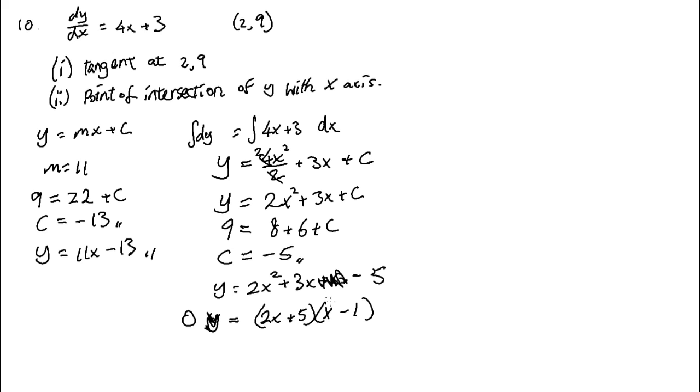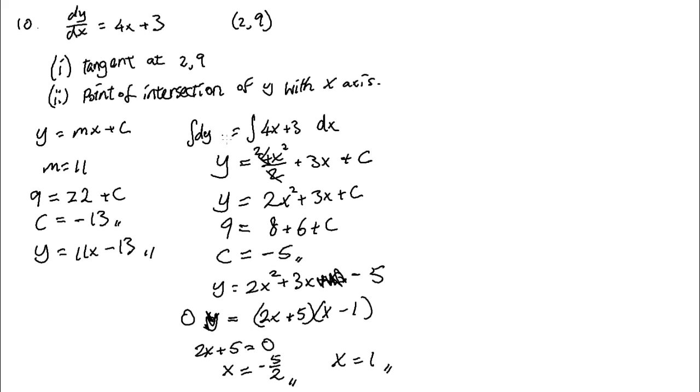This is the factorized version. Therefore, 2x plus 5 is equal to 0, so x is minus 5 halves, or x minus 1 is equal to 0, which is x equals 1. So there are the two intersection points.